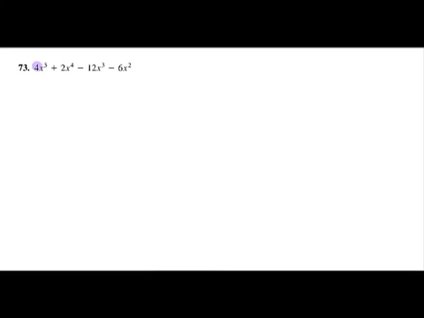Looking at the coefficients, 4, 2, 12, and 6, they all have a 2 in common. Looking at x to the 5th, x to the 4th, x cubed, and x squared, they all have at least x squared. When I do that, I'd be left with 2x cubed plus x squared minus 6x minus 3.